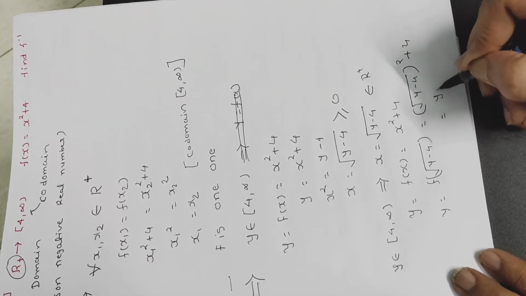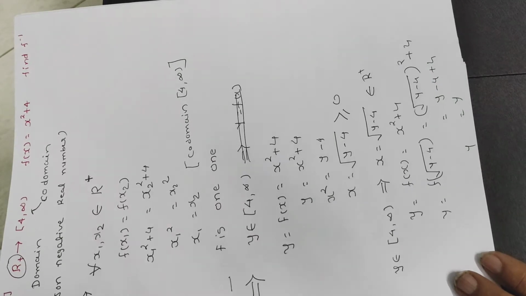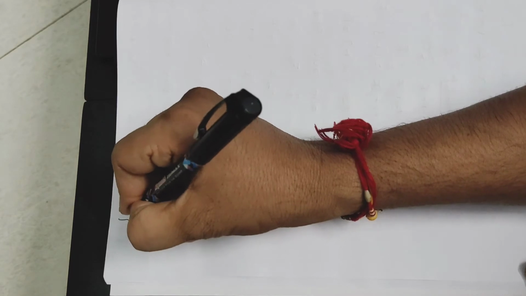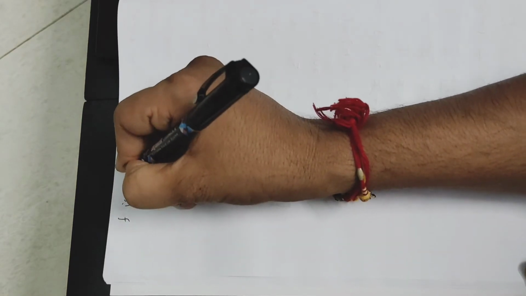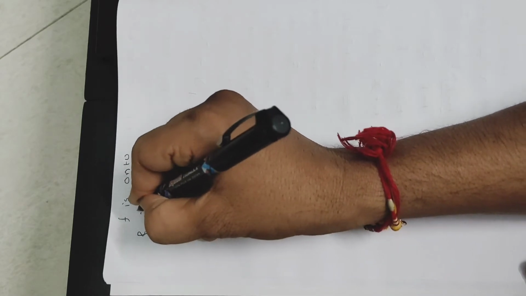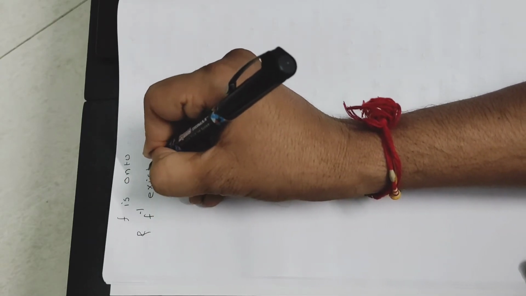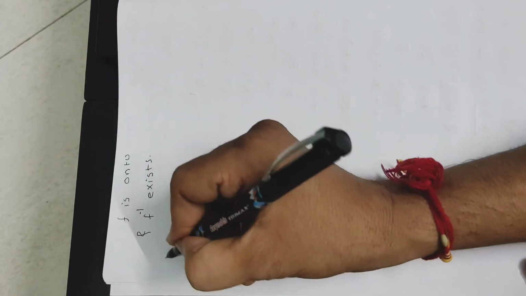So that is y minus 4 plus 4. So y is equal to y. So function is onto and f inverse exists.